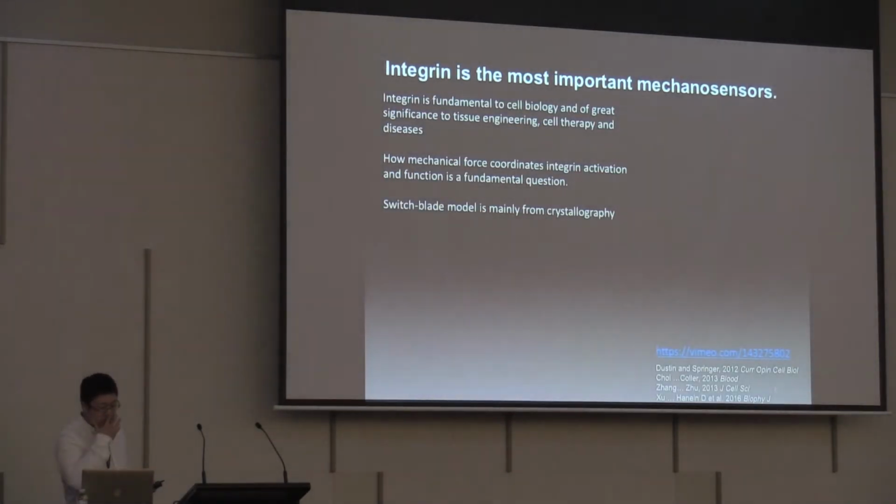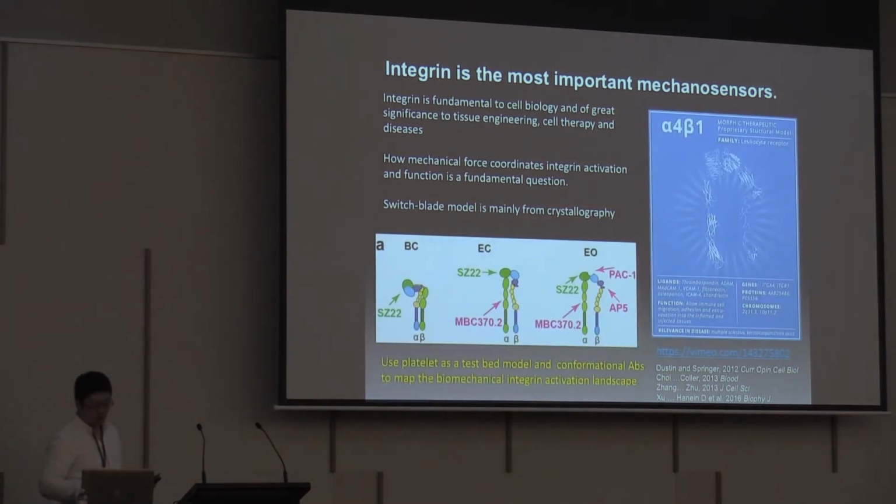Everyone knows integrin is one of the most important mechanosensors that help cells sense the mechanical environment, and it is of great significance to tissue engineering and cell therapy. Fundamentally, how mechanical force coordinates with integrins to exert their functions in cells is not completely understood. There are some models about how integrins respond to activation and how force plays a role.